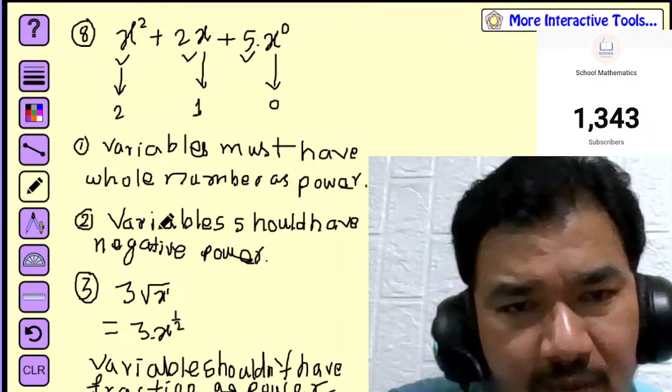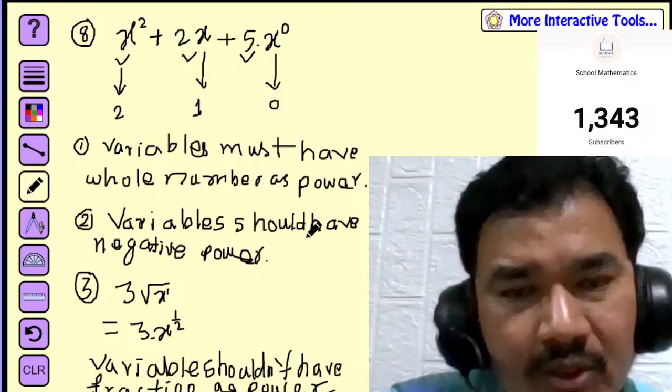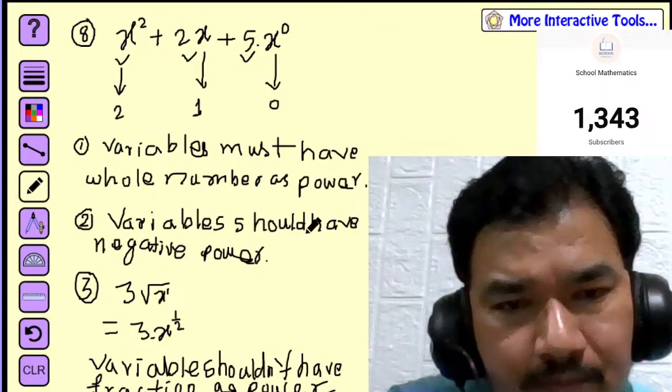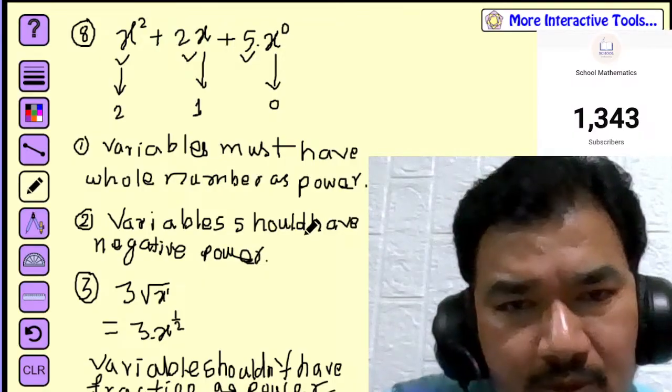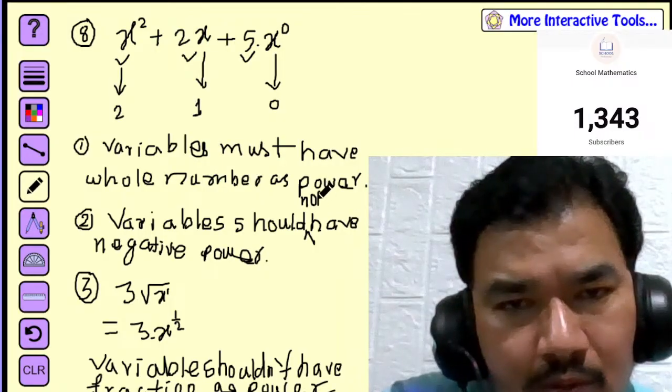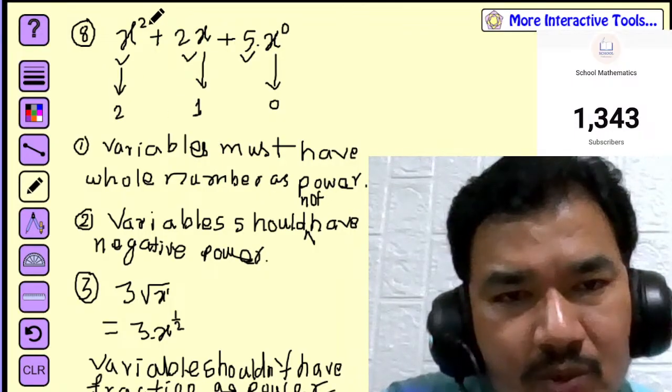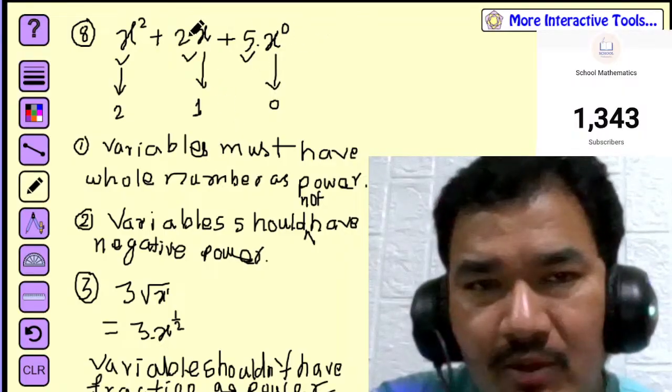Look here, variables should have non-negative power, and should not have negative power.